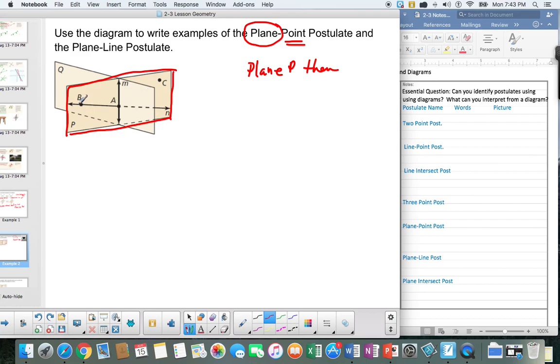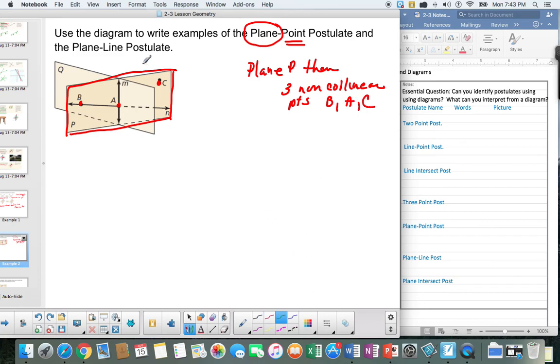In this case, I can see B, A, and C. So three non-collinear points, B, A, and C.